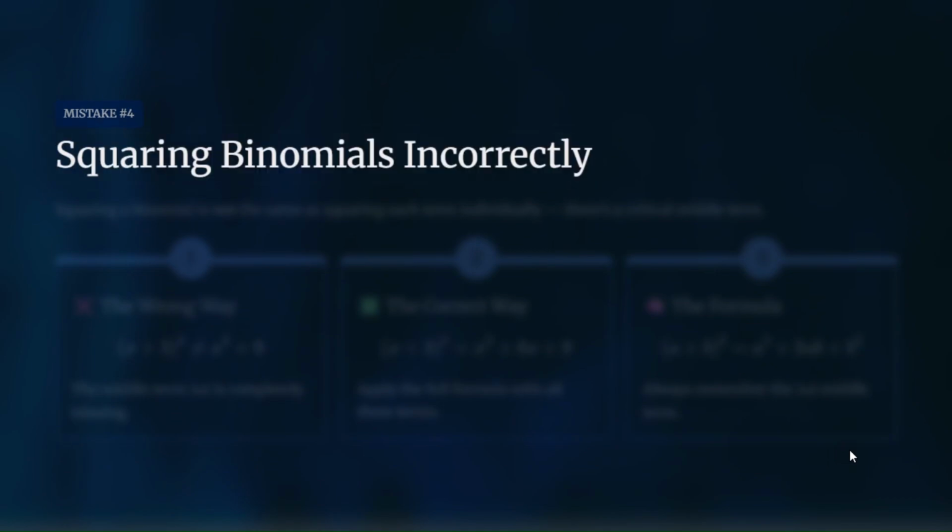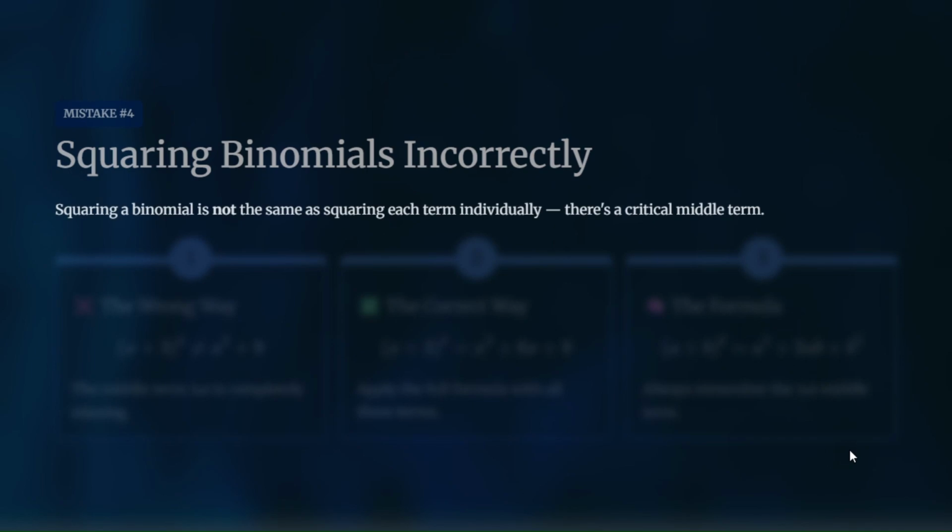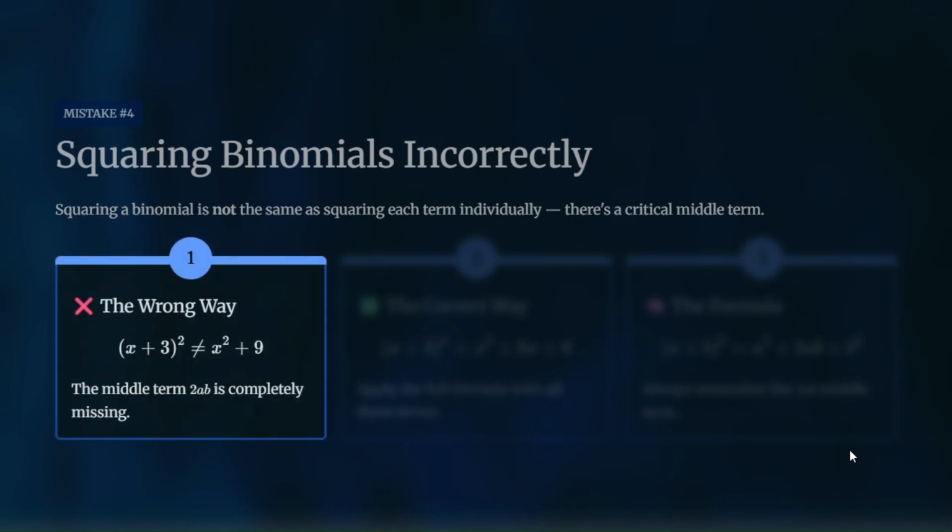Mistake number 4 is squaring binomials incorrectly. This mistake trips up students constantly. Squaring a binomial is not the same as squaring each term individually. There's a critical middle term. For instance, (x plus 3) squared is not equal to x squared plus 9 because the middle term 2ab is completely missing.